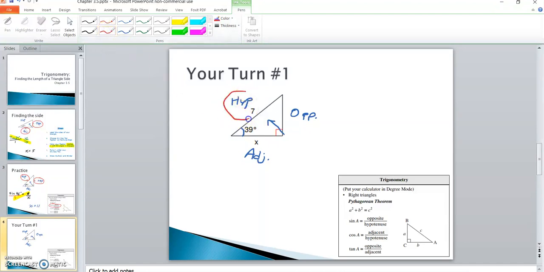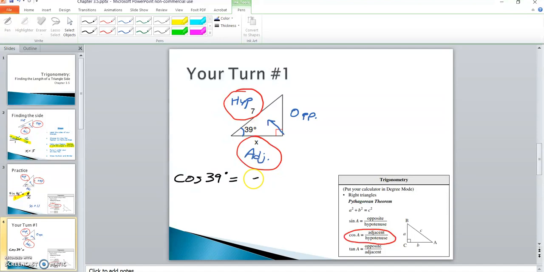Okay, so we have the 7 for the hypotenuse and the x for the adjacent. So we will be using cos for this one. So instead of the A, I'm going to write 39 degrees.